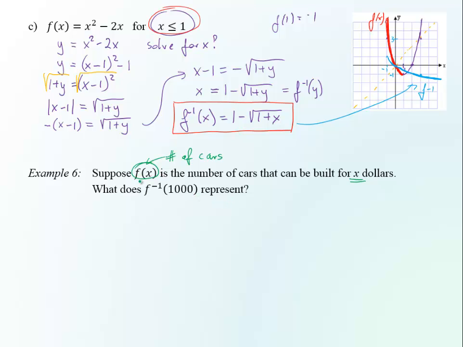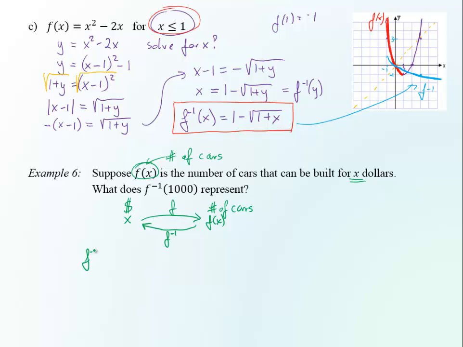Well, that was f, and this is f^-1. So if f takes dollars, the cost, and attaches to it the number of cars, that's our f of x, then f^-1 is taking number of cars and attaching to it the cost of producing those cars.